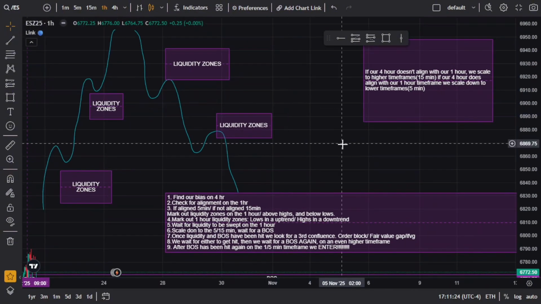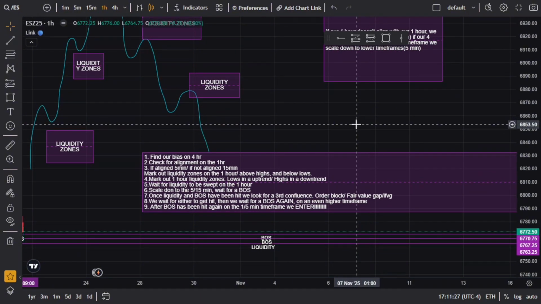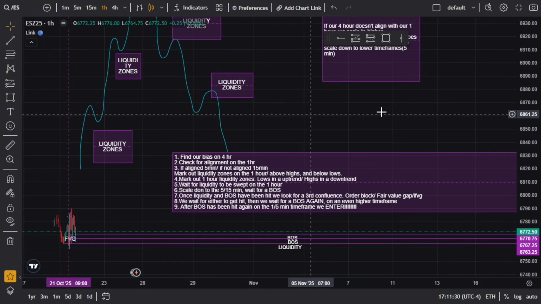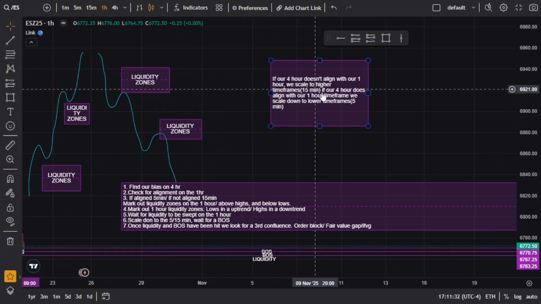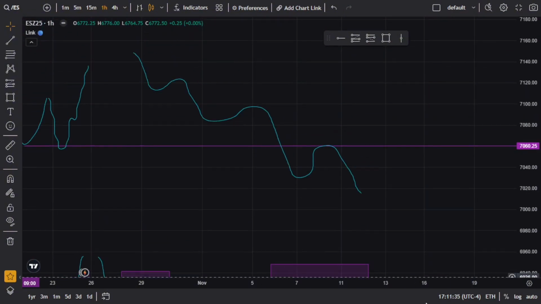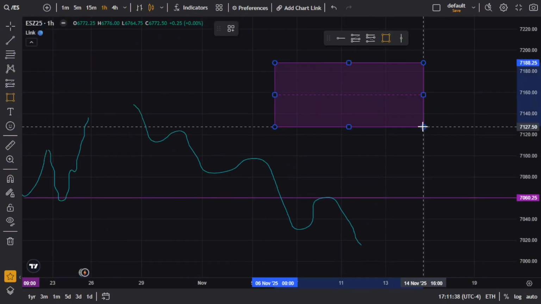Pause. Yeah, so if our bias for the 4 hour and our bias for the 1 hour do not align, we're going to be using the 15 minute for our breaker structure.